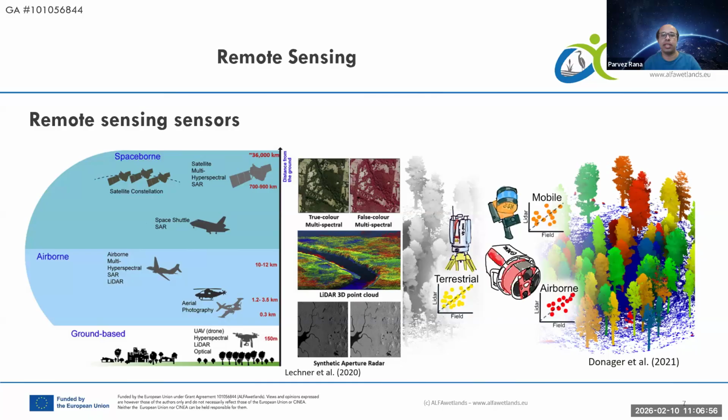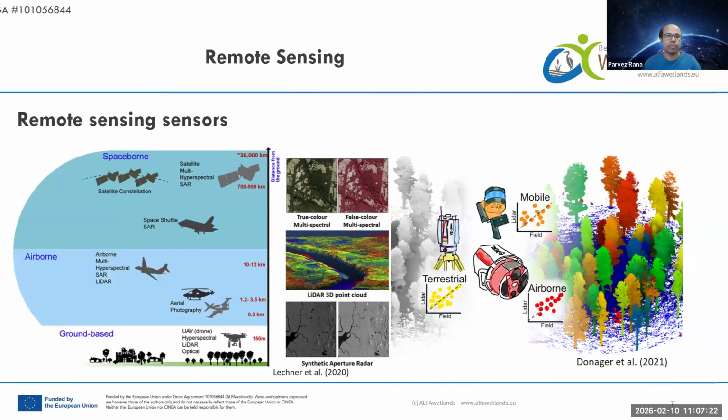So different kinds of data, and on the right hand side you can see some pictures of the forest, how it looks. It looks promising that using remote sensing data, we can see the forest, we can see the tree structure, and we can also see understory vegetation at some level. So that is an overview of the remote sensing data, the different kinds of platforms we use. Next slide, please.